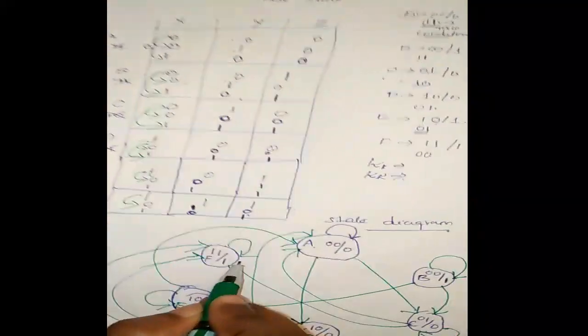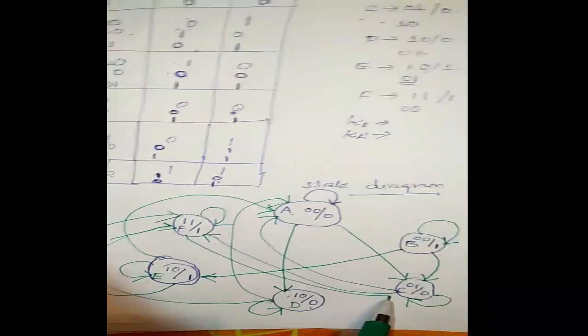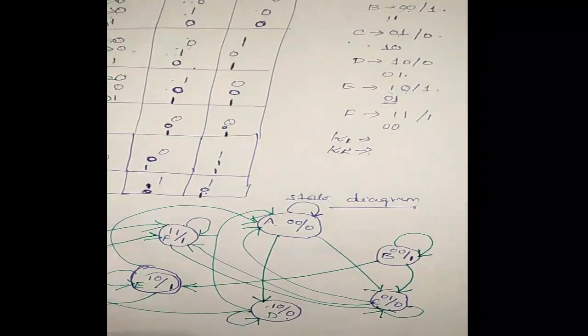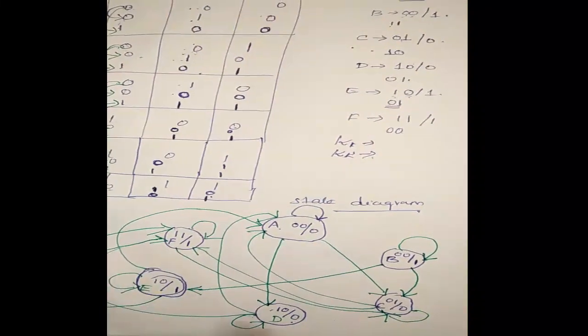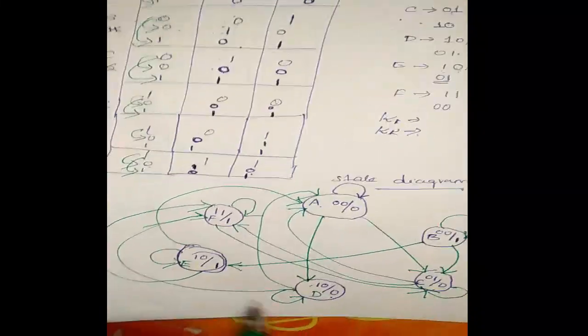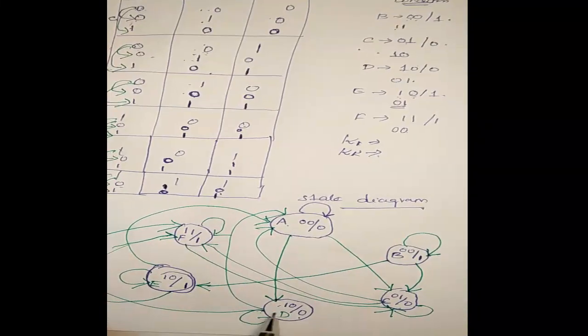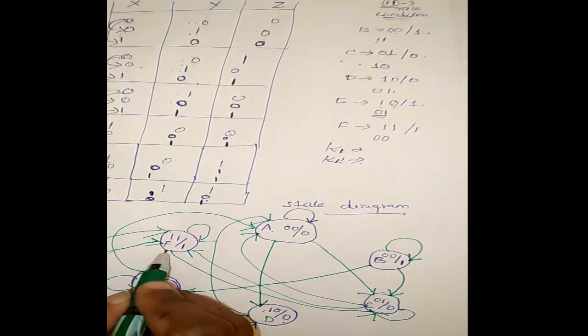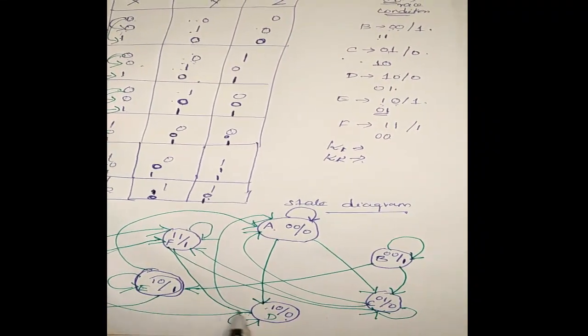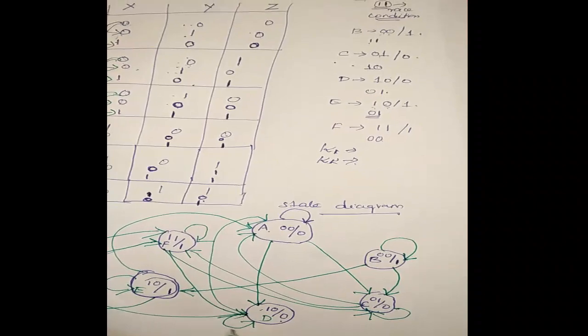And F is going to 0, 1, which is here to C. Then F is going to 1, 0, which is nothing but your D. So F is going to D.